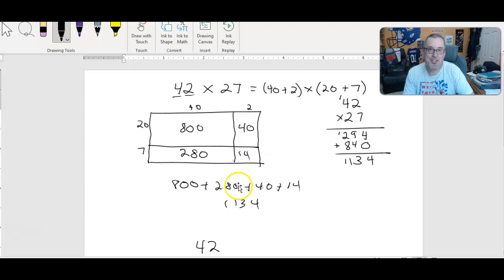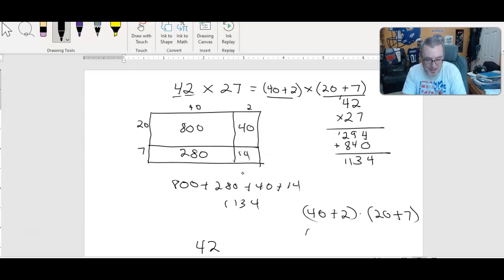Now, just to make a connection, because I teach algebra as well, I just want to make a point here. If we're doing this in 5th grade to develop fluency, then look at what's happening right here. 40 plus 2 multiplied by 20 plus 7 is something like, if x is 20, yeah, I'm taking you to some algebra.